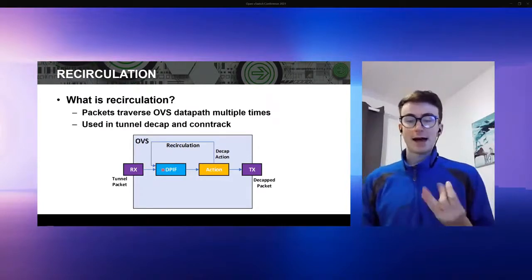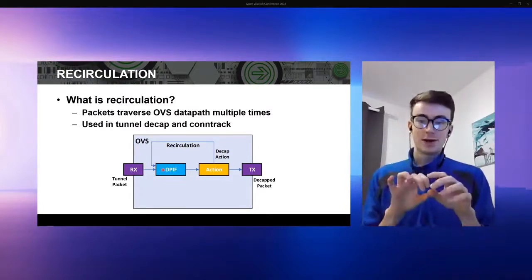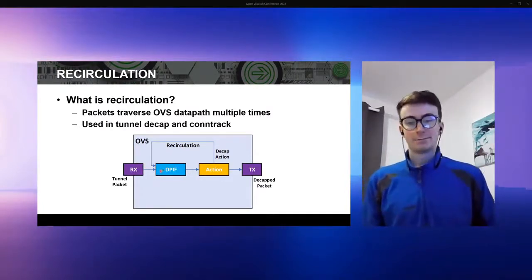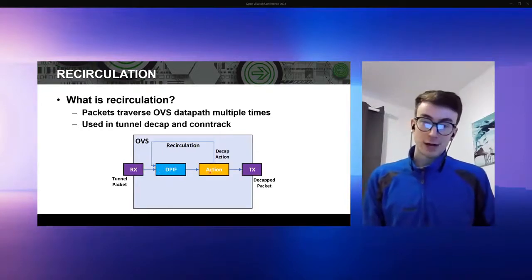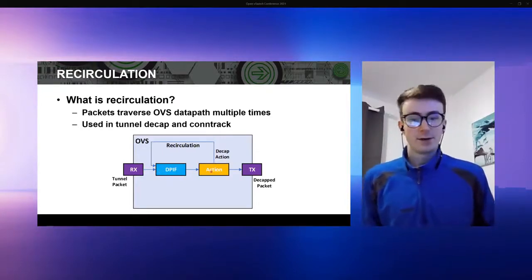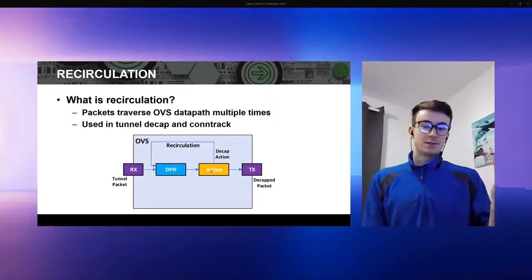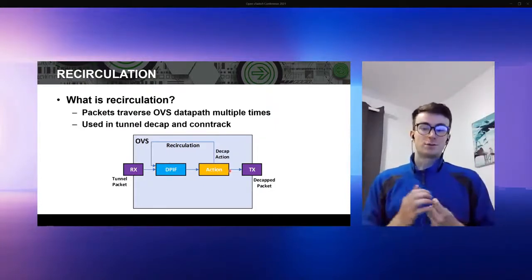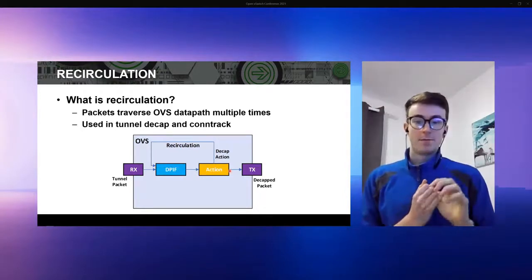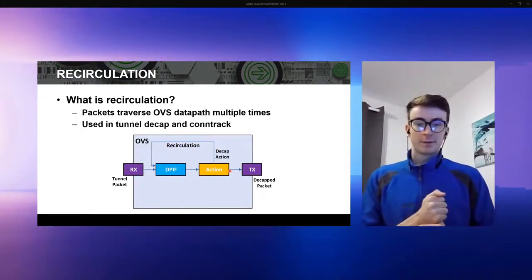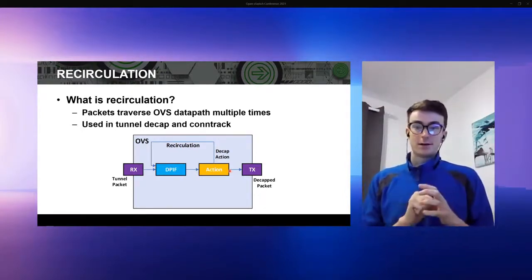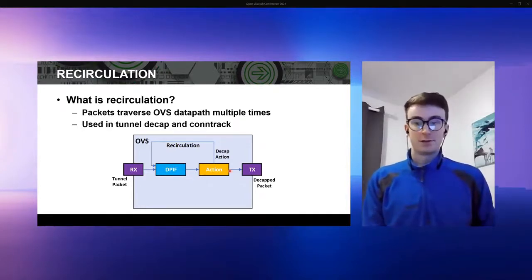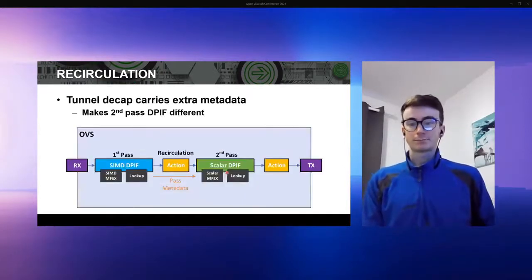And in this second pass, now we're looking at the inner headers of the packet. And so after we do that, we might find that the second time round, the action is to just TX the decapsulated packet somewhere. And so what we've done here is we've recirculated the packet. And this is necessary for a couple of different scenarios.